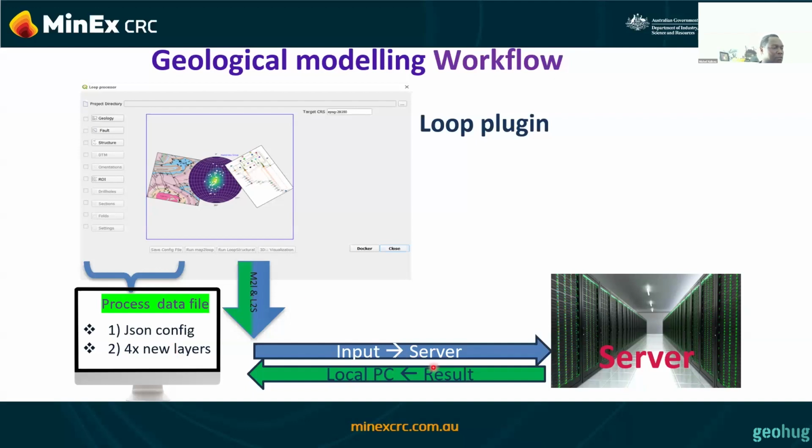So if you are happy with the pre-processed data, then you send it through your server for the calculation. The first calculation will be map2loop, and once you view your map2loop result, then if you're satisfied, you can send the result output to your server again for loop structural. The way it works here, you have a server running on your remote machine.